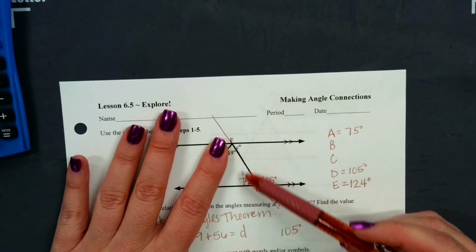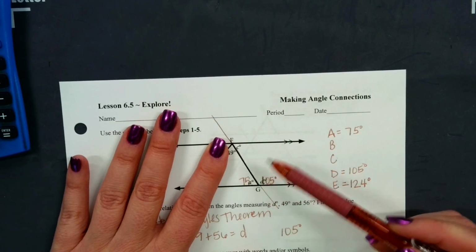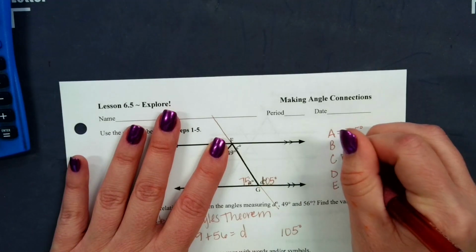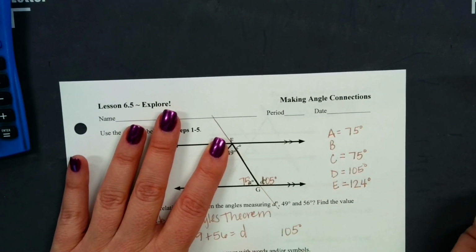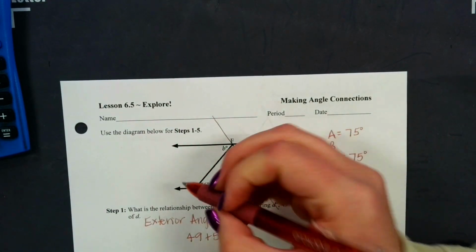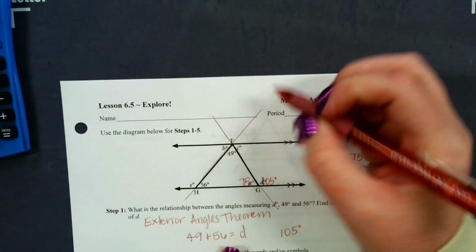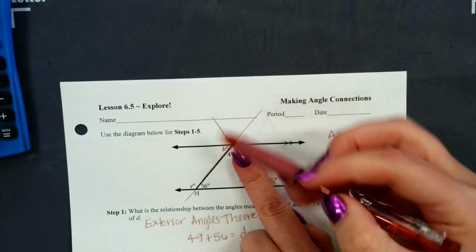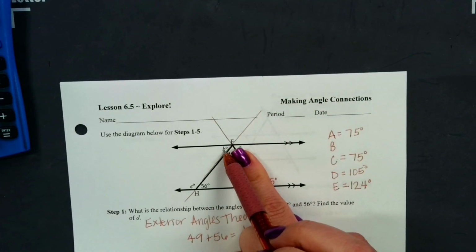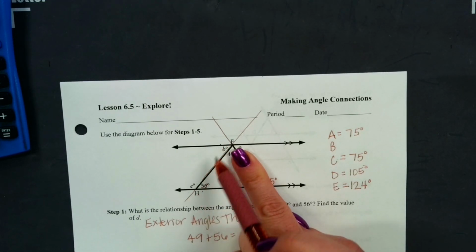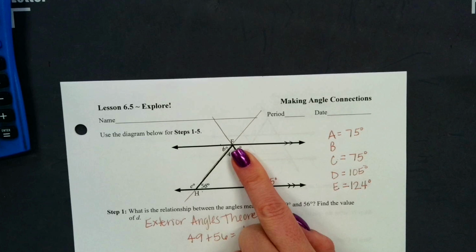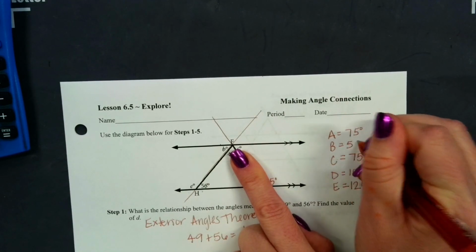If alternate interior angles are congruent, 75. Same thing over here. Let's say this was my line from before, and this line's not here. B and 56 are alternate interior angles. Alternate interior angles are congruent. So what does B measure? 56.